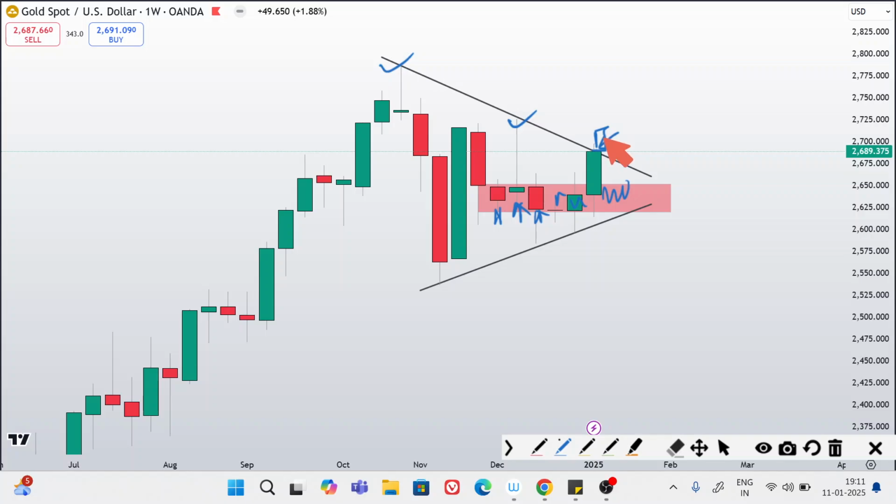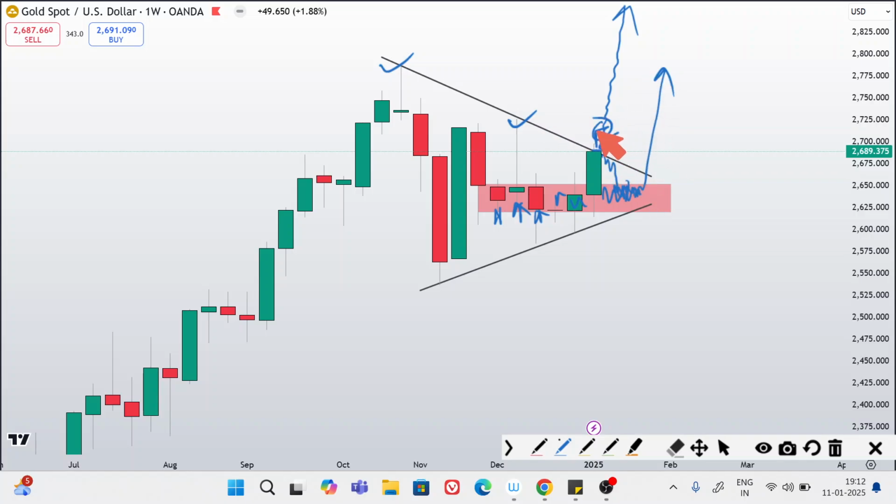One more closing on the weekly time frame is going to confirm a bullish rally like this. But if price stays under this trend line, then we can expect another consolidation for like 1 or 2 weeks maybe, and then overall it is still a bullish sign. So we have to wait for this kind of price action.